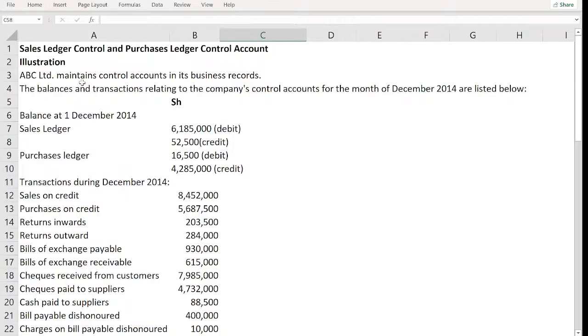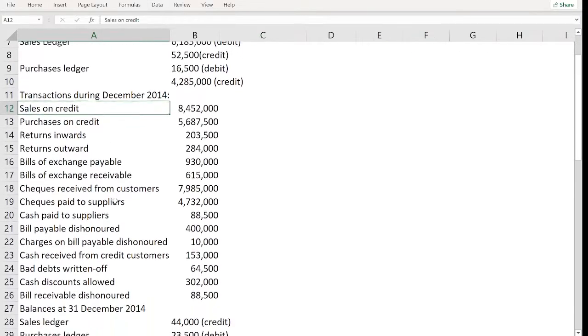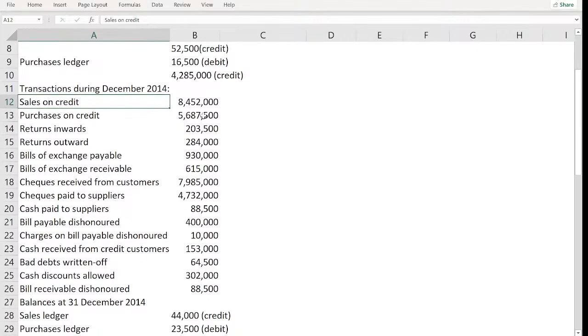So we are told ABCD Limited maintains control accounts in its business record. The balance and transaction relating to the company controls account for the month of December 2014 are listed below. So we have the balances as sale ledger, their debit and credit, and purchase ledger, same debit and credit. Then we have the transaction during now the December. So we have the sales on credit, as you can see, and the amount.